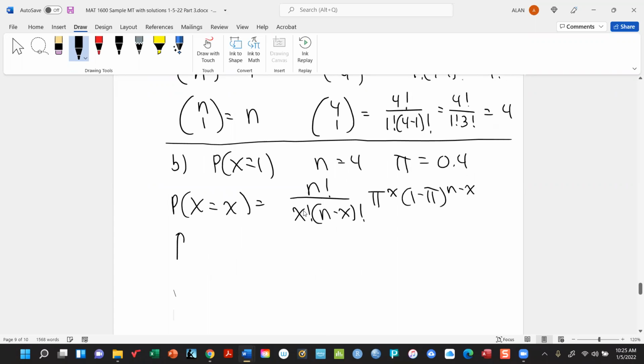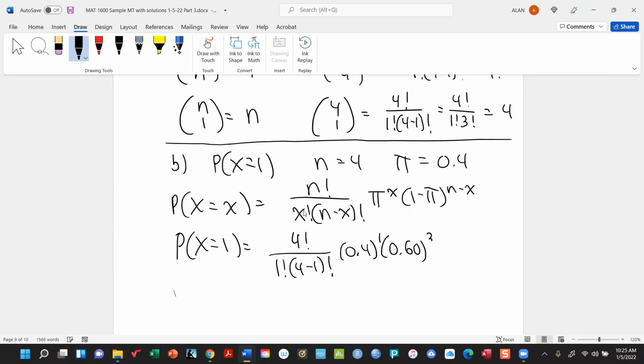Okay, so then what's the probability that x equals 1? Now, of course, you notice this is actually, let me write this not as 3, but just a quick reminder.